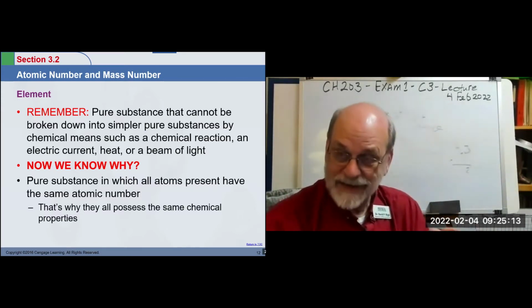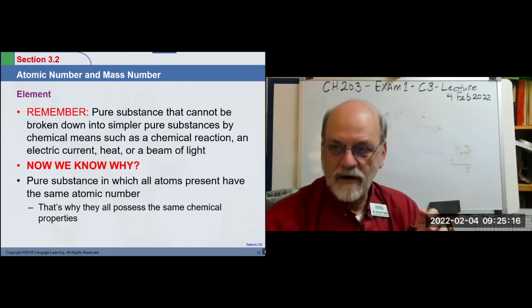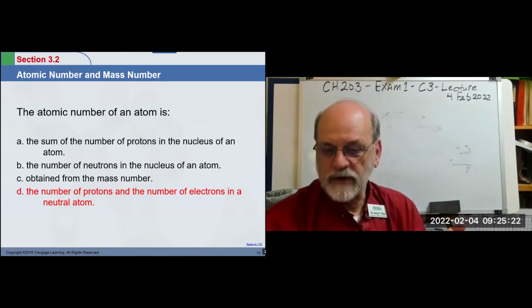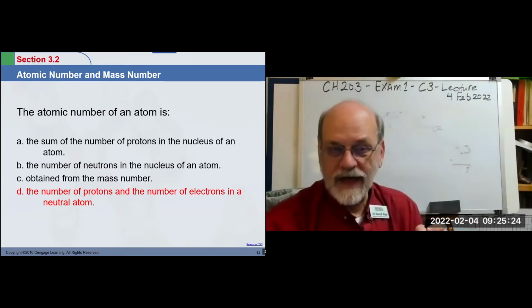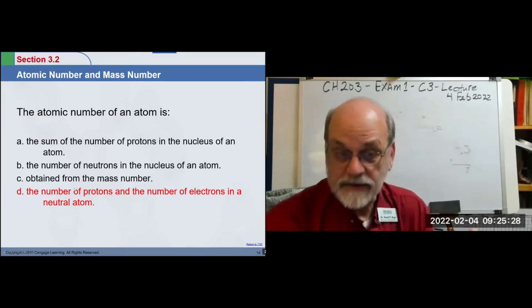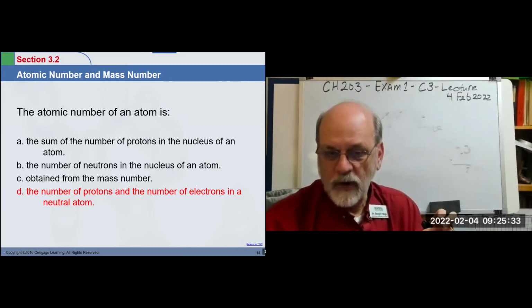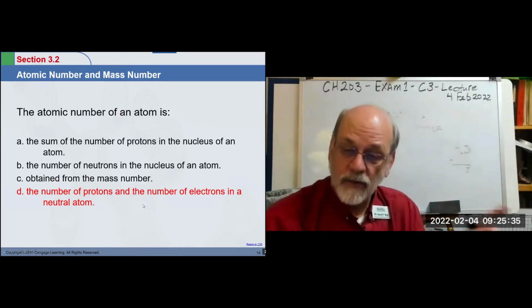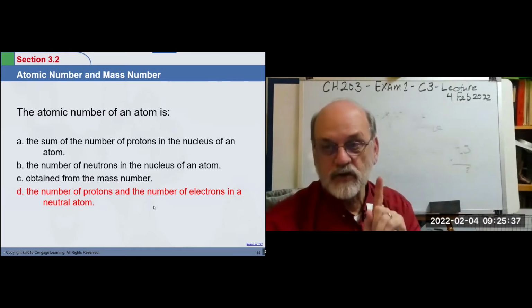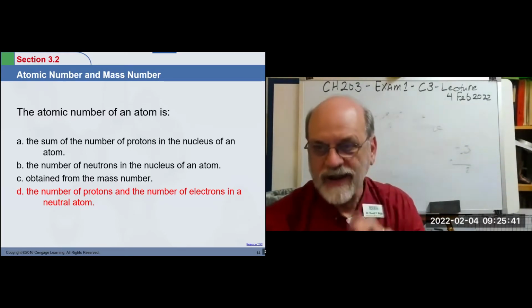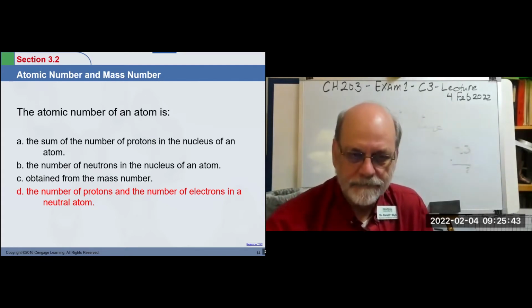Their chemical identity, their properties are fixed. Okay, just to review, the atomic number of an atom is equal to the number of protons and the number of electrons if the atom is neutral. If it's neutral, then those two values are equal in magnitude.